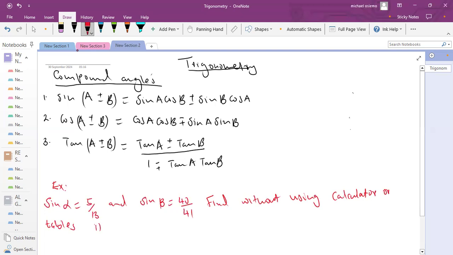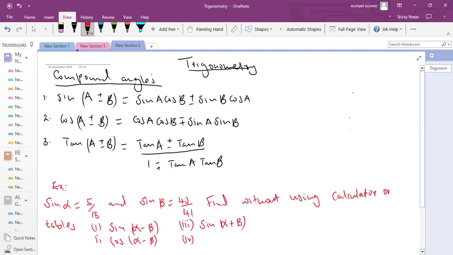Roman 1, we have sine alpha minus beta. Roman 2, we have cos alpha minus beta. Roman 3, we have sine alpha plus beta.